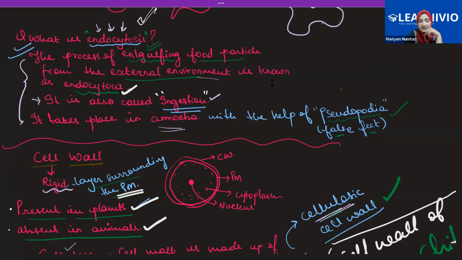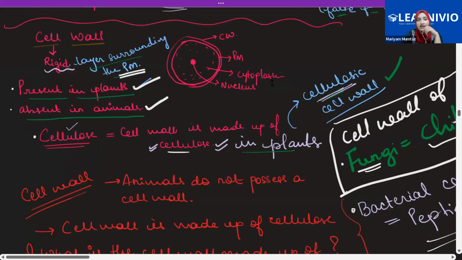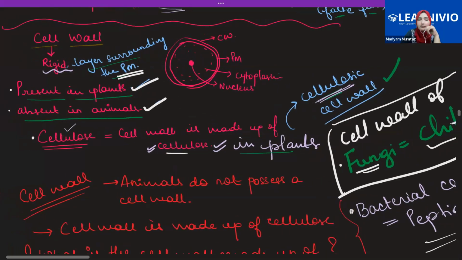But is it present in animals? No, ma'am. No, 100% not. The cell wall surrounds the plasma membrane. It is a very rigid layer, and it is not present in animals.